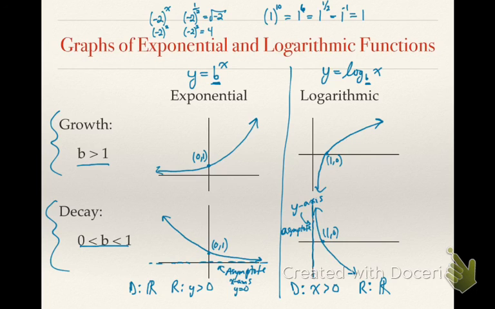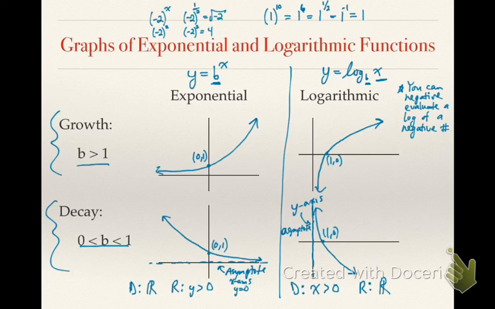So this also points out a very important fact about logs. You can never take the log of a negative number. Or put it in different terms, you can never evaluate a log of a negative number.